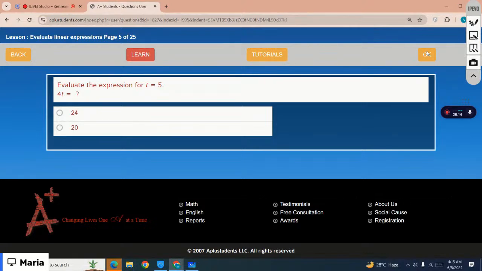Evaluate the expression for t equals 5. You have to do 4 times t. Yes, 4 times 5 is 20. The correct option is 20.